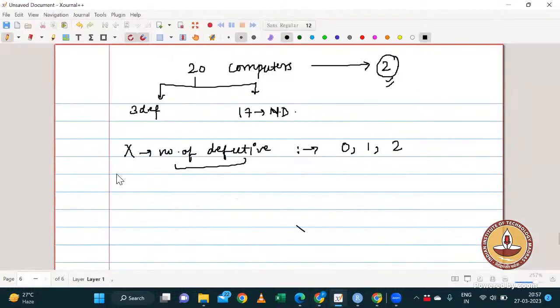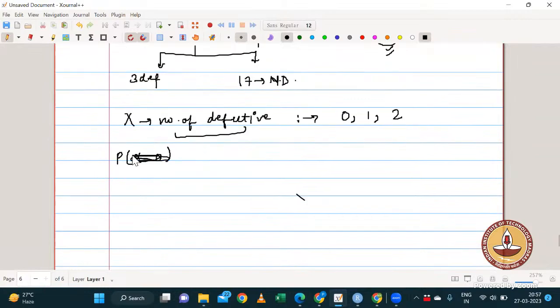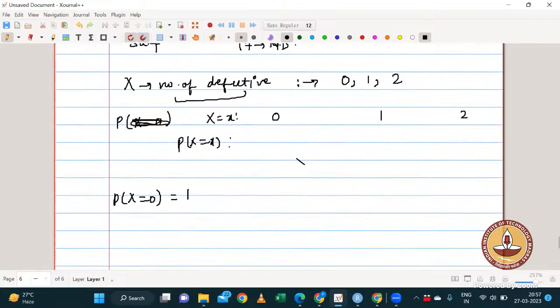Okay, so what is the probability for X equal to 0? What is the meaning of X equal to 0? No defective computer out of the 2, correct? Yes, sir. So what is the probability?